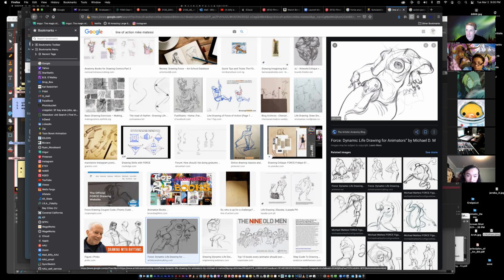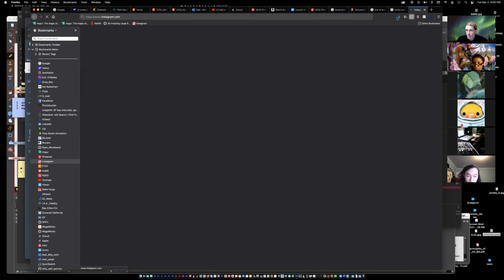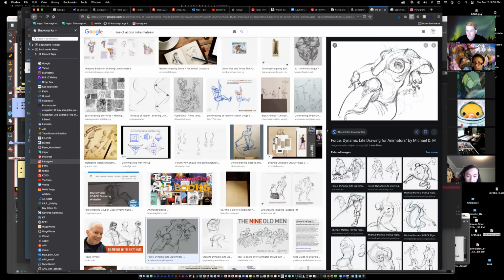So he's the master of this. Like I said, he taught at Pixar for a while. And let me see if I can show you what he's doing on Instagram, because in the days leading up to him building his online school, many of his poses were very, very exaggerated.